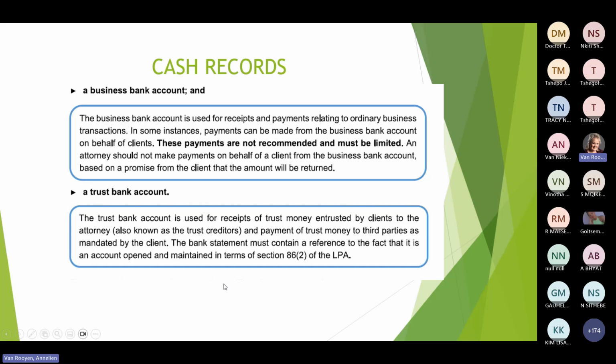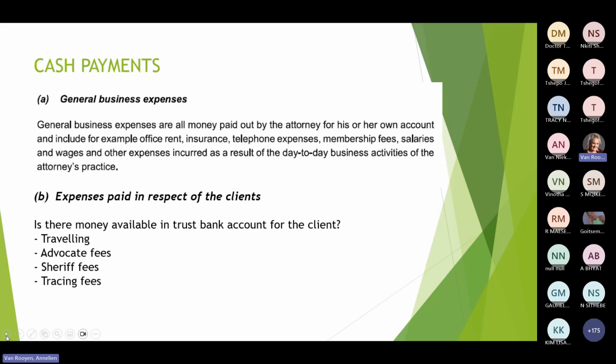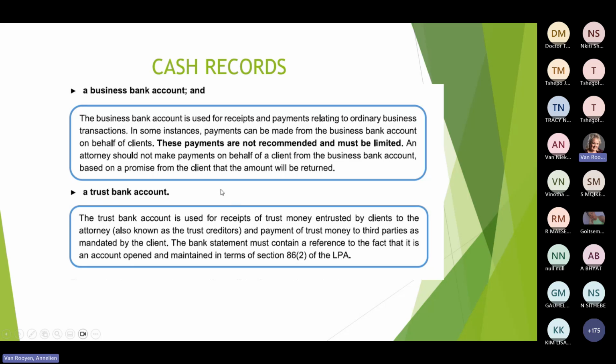Now, if we go to the learning unit itself, in this case, we're talking about books of first entry, and we talk about cash records. Now, cash records do not only refer to physical cash, notes and coins, etc. We're talking about transactions like EFT payments nowadays, and cash also, but I think limited these days.